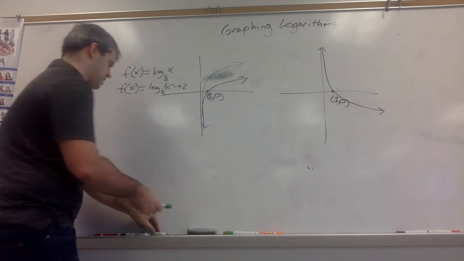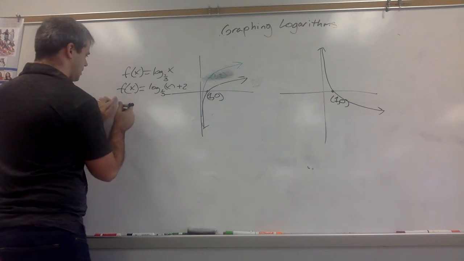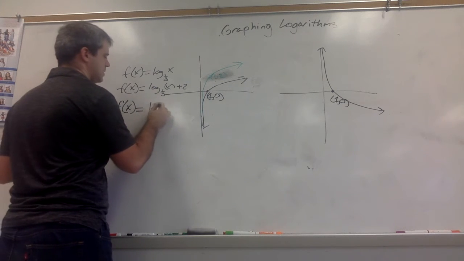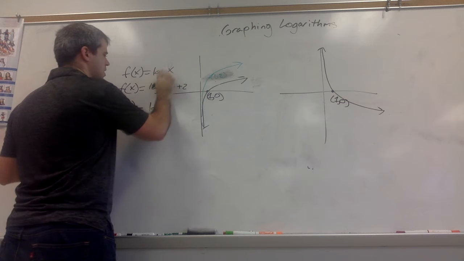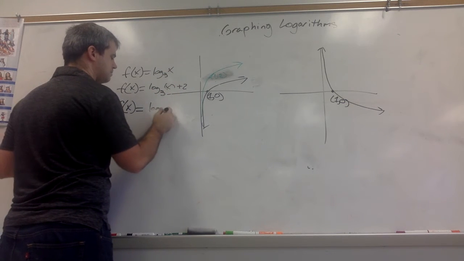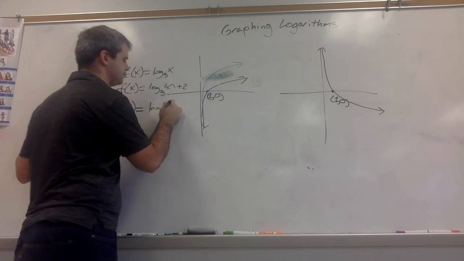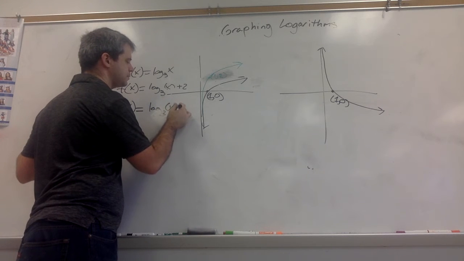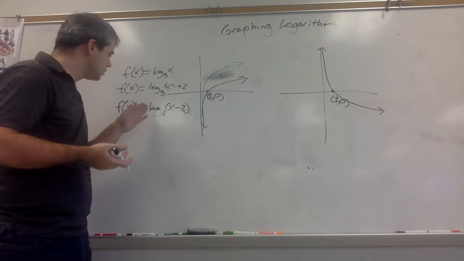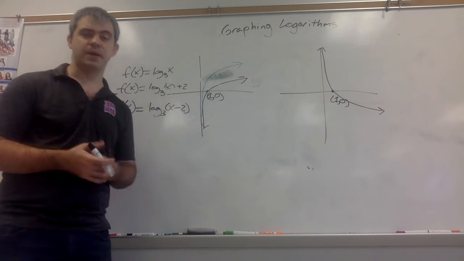Let's try another one. Let's do f of x equals log base, sorry, I don't know why I was doing 1/3 there. That's 3. Log base 3 of x minus 2.